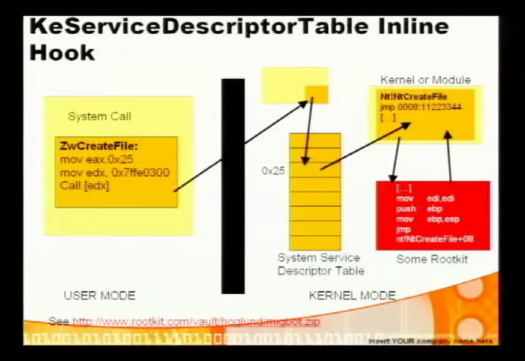This one's called MigBot. It does inline function patching. With inline function patching, you're not hooking any existing table, such as the IAT or the EAT or the service descriptor table. What you're hooking instead is the actual binary in memory of the function.